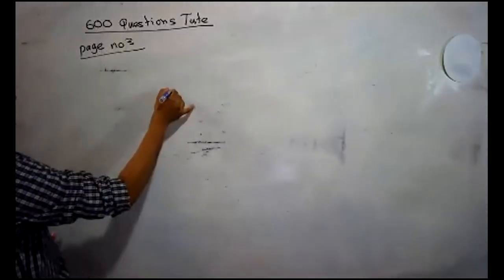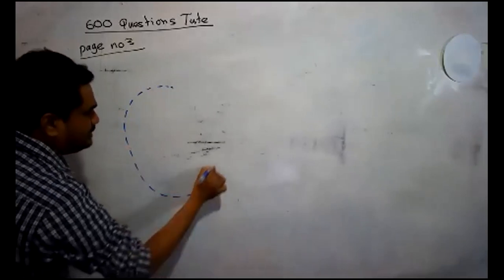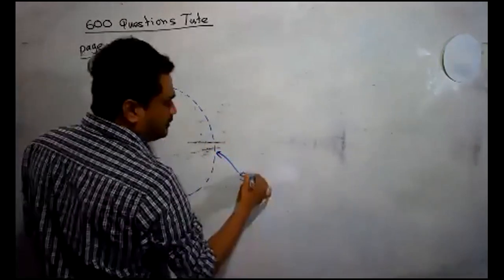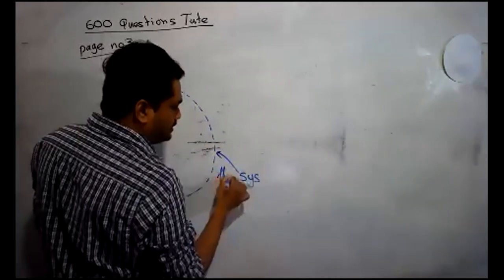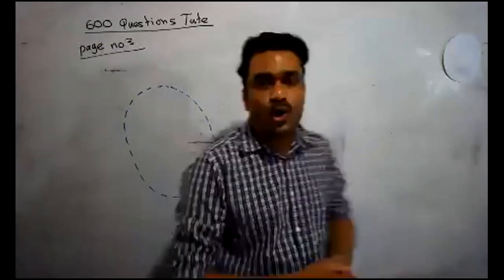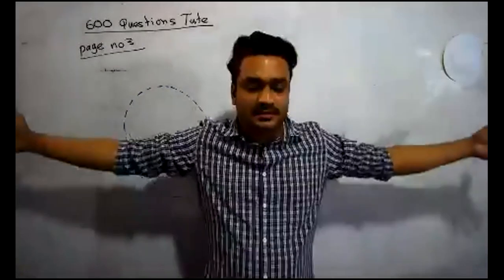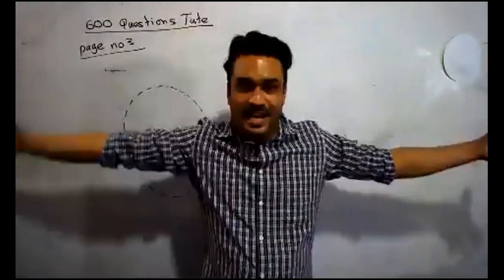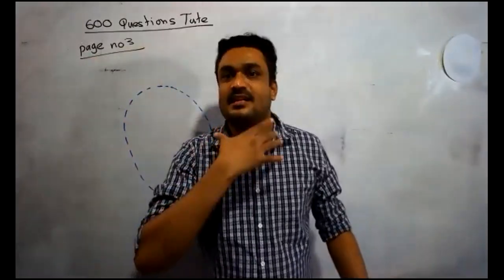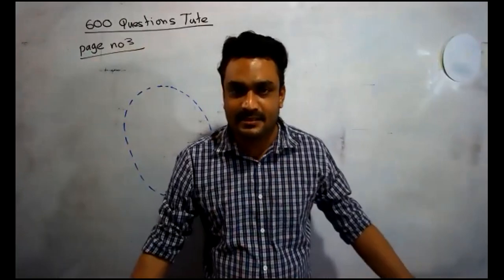So let me use the word system. The system means everything. For example, you can see me as parts: right hand, left hand, head, neck, body, and legs.